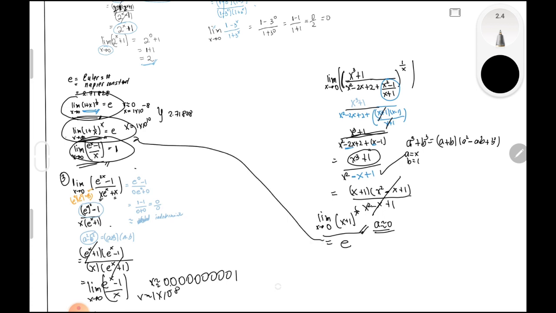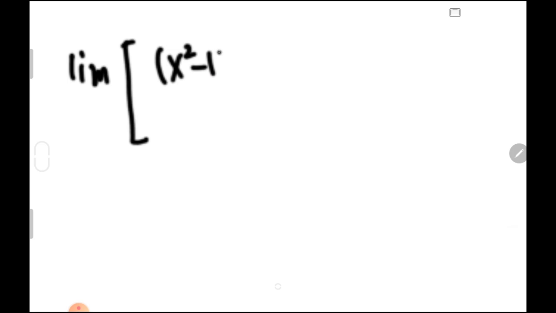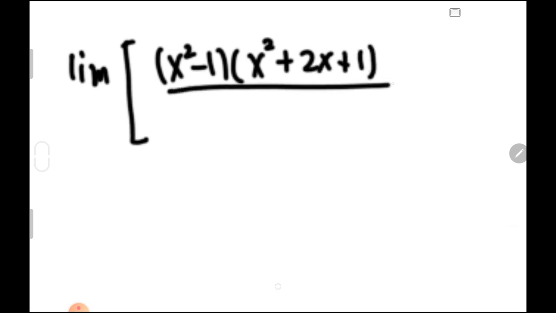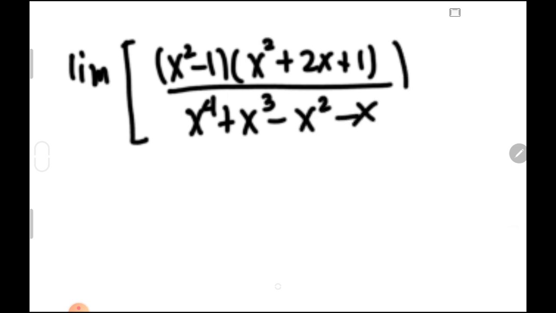Okay, so let's have this limit of x squared minus 1 multiplied by x squared plus 2x plus 1 divided by x raised to 4 plus x raised to 3 minus x squared minus x, raised to x, as x approaches infinity.